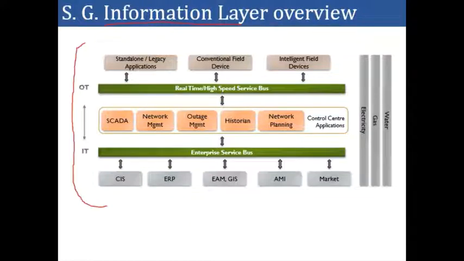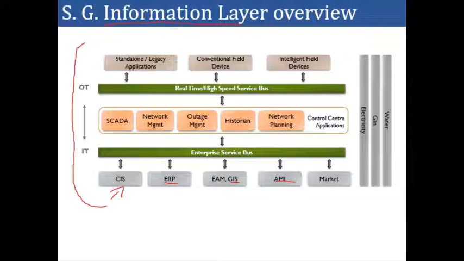We also discussed that the data received at the field is first communicated to the high-speed service bus for real-time data operations, and then the OT application receives that data, processes it, and shares it with the enterprise service bus for the data to be consumed by various IT applications such as customer information system, ERP, GIS, AMI, and so on.